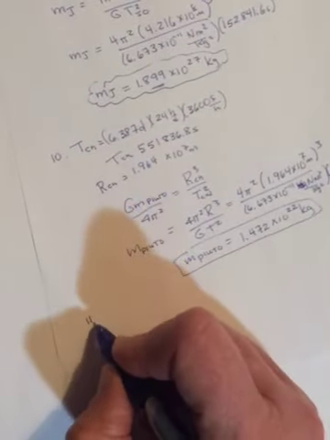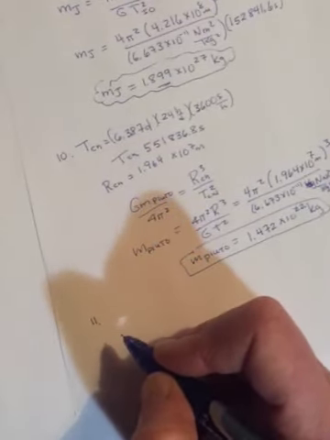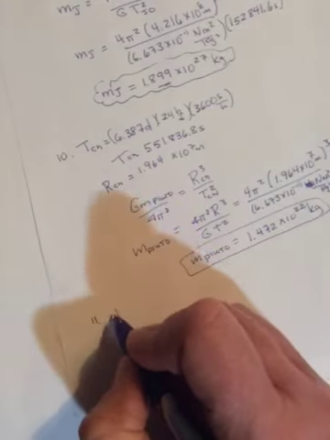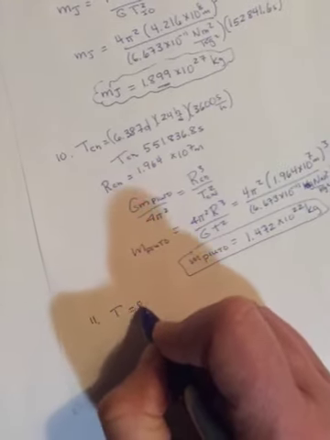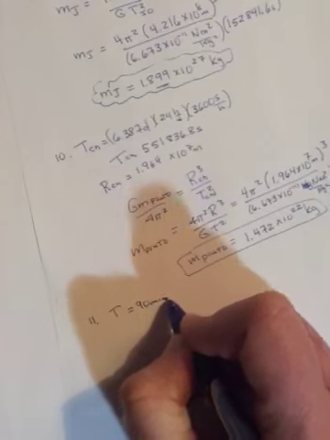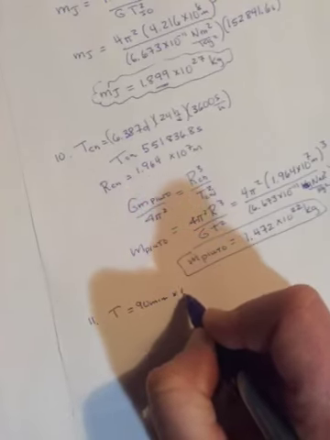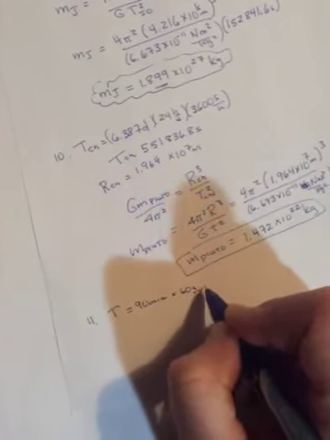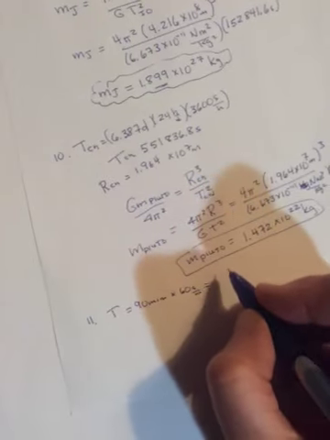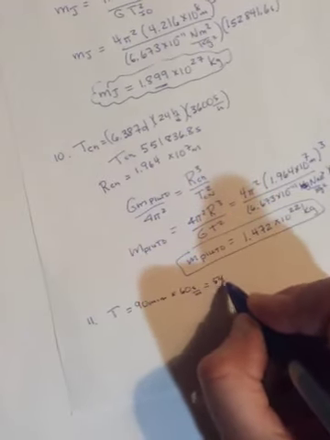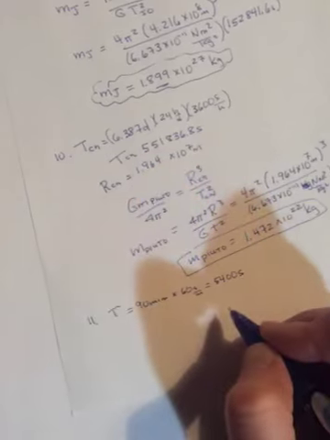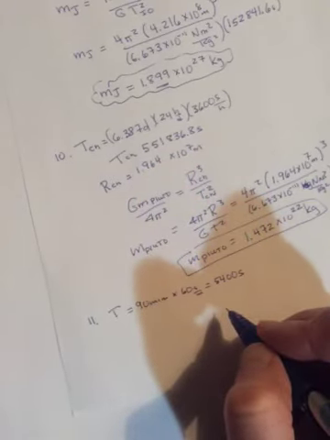Number 11. I might have enough room. Says some weather stations orbit Earth every 90 minutes. So it's telling us the period is 90 minutes, which of course you need to change to seconds by multiplying by 60. And so you should get 5,400 seconds. How far above the Earth's surface is their orbit?